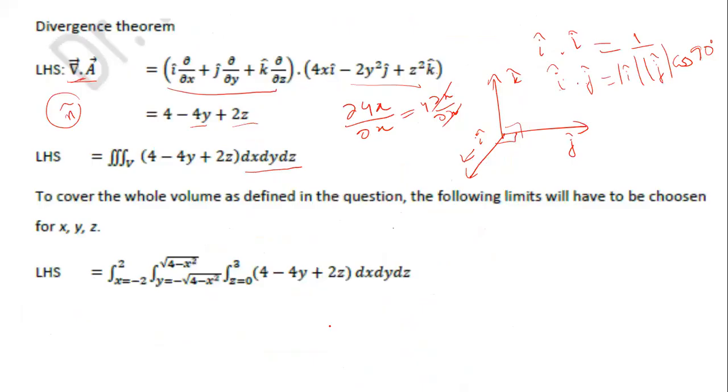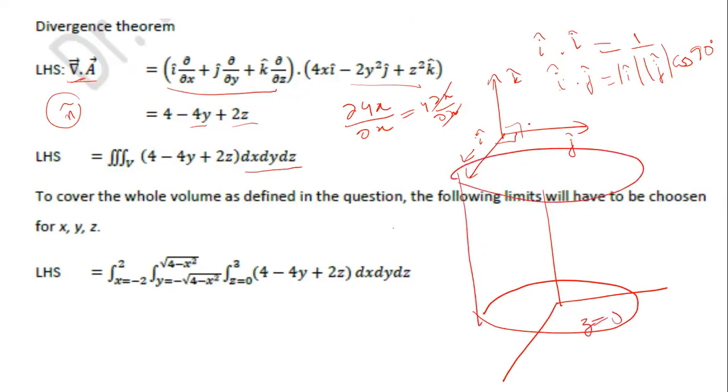All right. So let me just quickly draw it once again. This is the z equal to 0 surface, and this is the z equal to 3 surface. You just consider a small rectangular box, something like this. This is your infinitesimally small volume element.